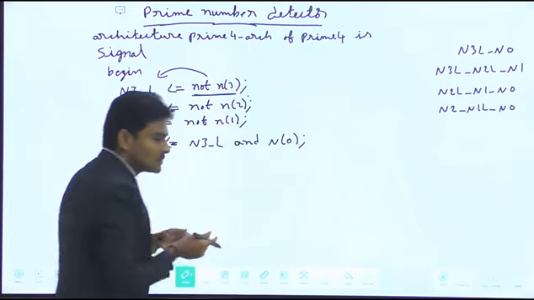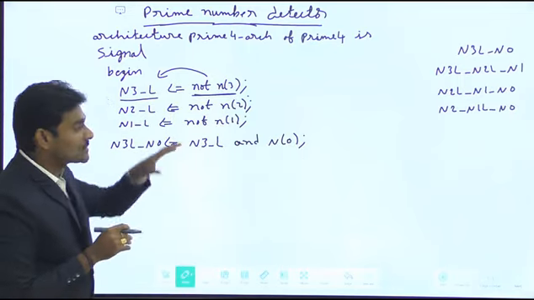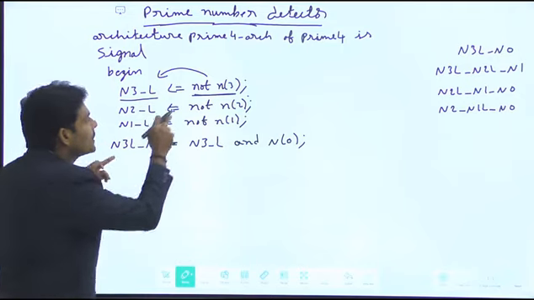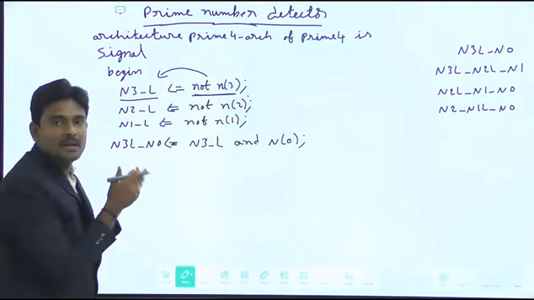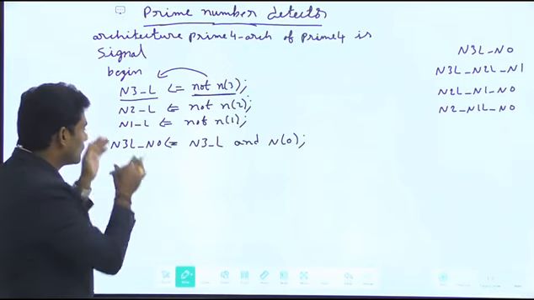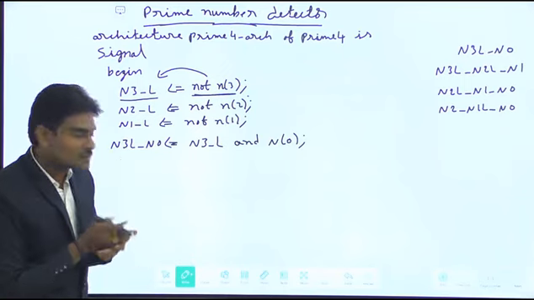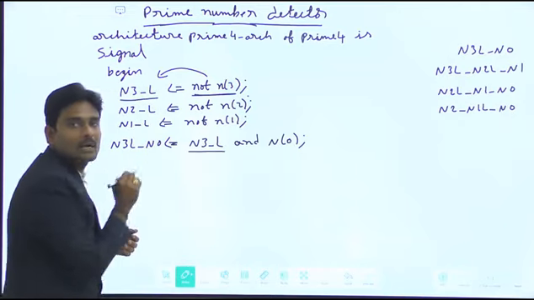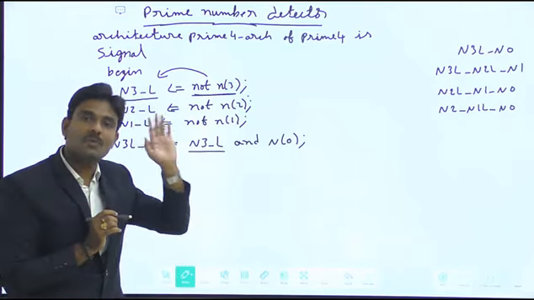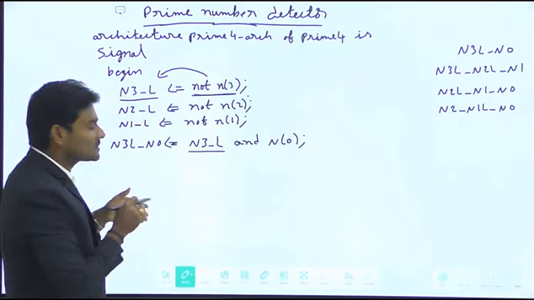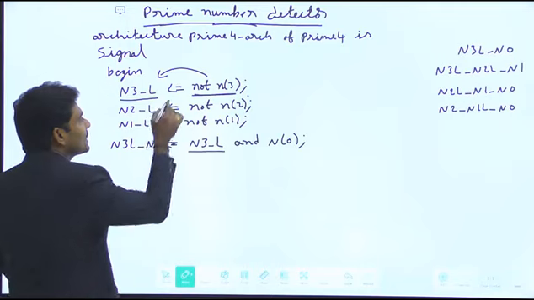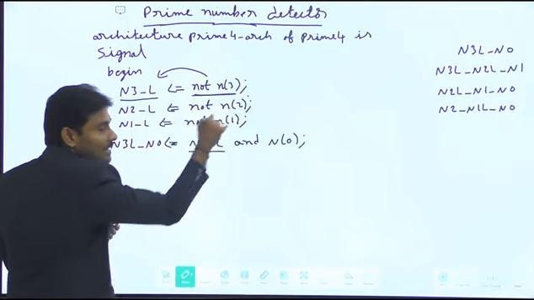This is where it is going to differ from the previous program. Previously we started over here, and we didn't define not of n3 assigned to any other signal, because we started at the AND gate itself. So there we wrote not of n3 and n of 0. But now I started from the first level, from the inverter stage itself, and defined the first inverter stage levels over here.